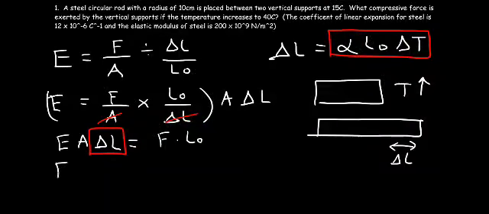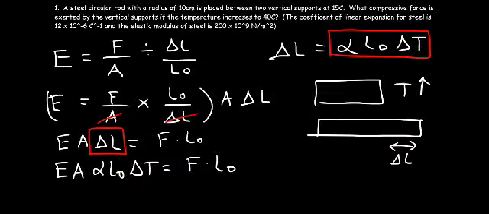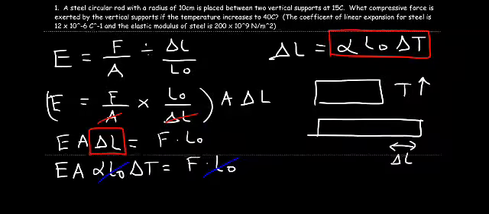So this is going to be E times A times alpha L0 delta T, and that's equal to F times L0, or L initial. Now we can cancel the initial length of the rod.